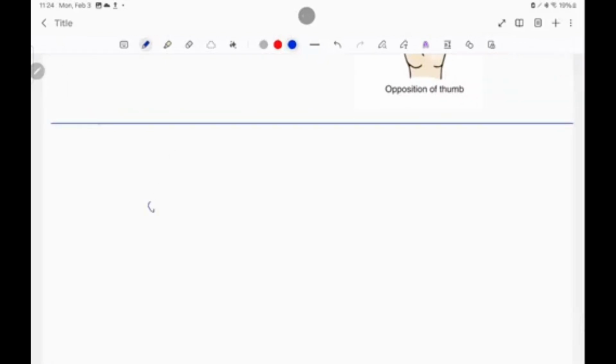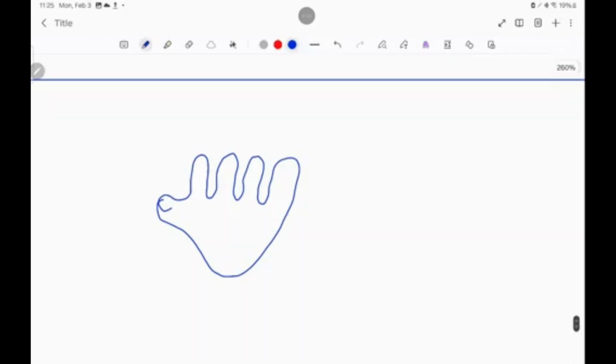I'll draw the hand again, once again. The interossei.